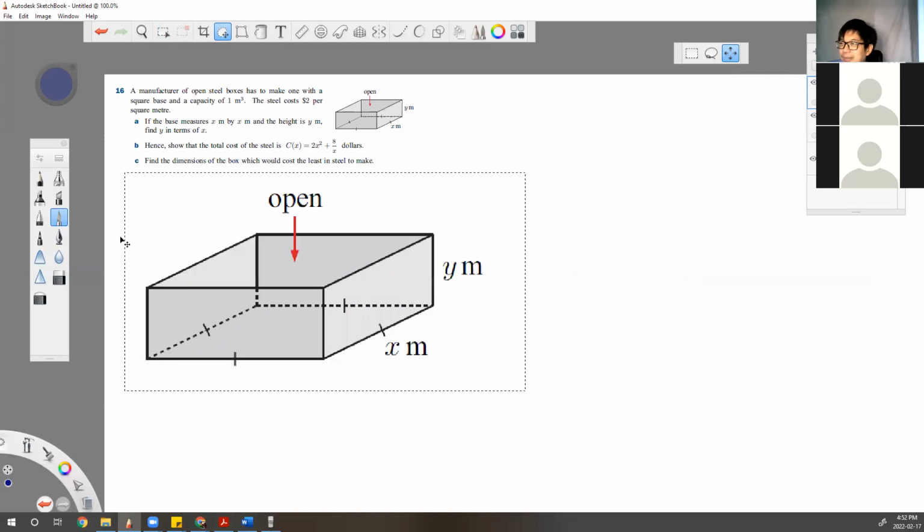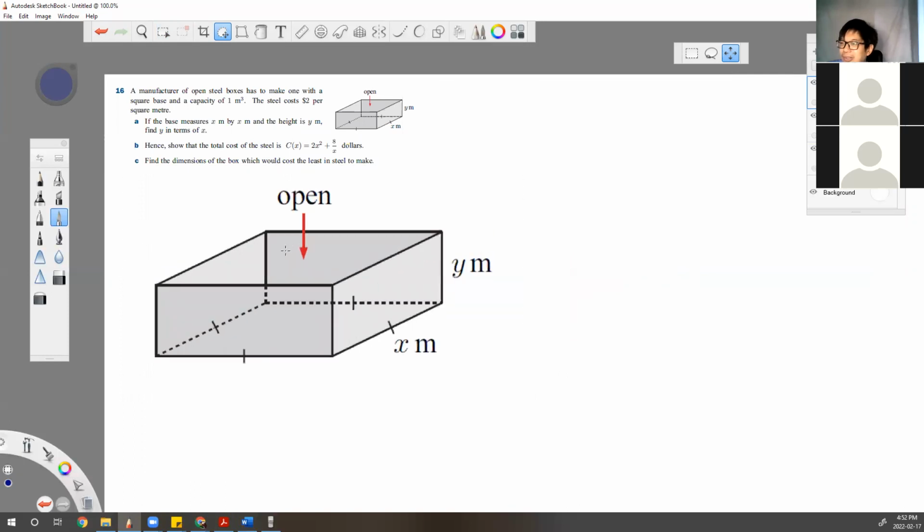Open means that you need to ignore the top side in order to find the area, but the volume is still the same, right? So let's go here. A manufacturer makes open steel boxes with a capacity of 1 meter cubed. Okay, we know that this is x also because it has equal-size sides, right? So the volume is 1, the steel costs 2 per square meter.